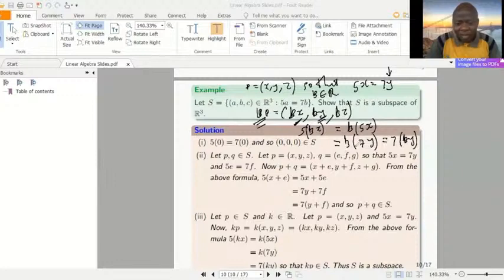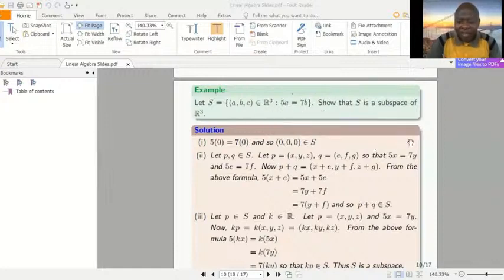So this means that 5 times the first element has given me 7 times the second element. And therefore the product here is a member of S. That's what I did. But let me take you slowly through the typed working that I had written before.